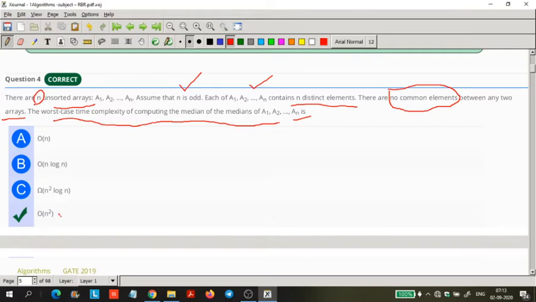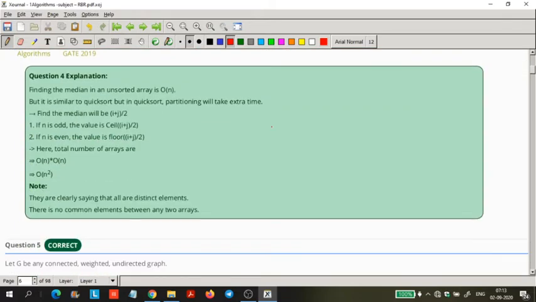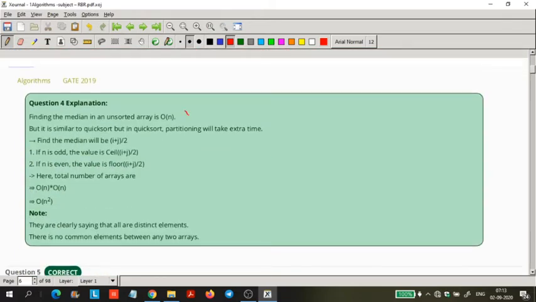So here the answer is O of n square. There are n distinct elements and no common elements between any two arrays. Finding the median in an unsorted array is O of n.